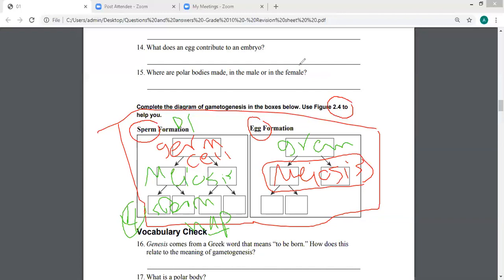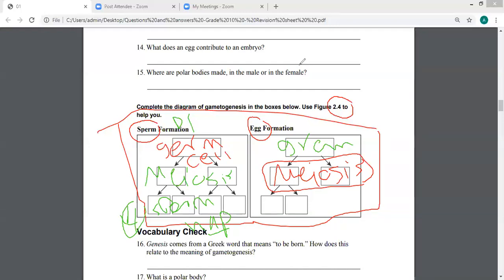I said that before, the female is born with her eggs, while the boy or the male produces the sperm after puberty, after becoming an adult, not born with it.